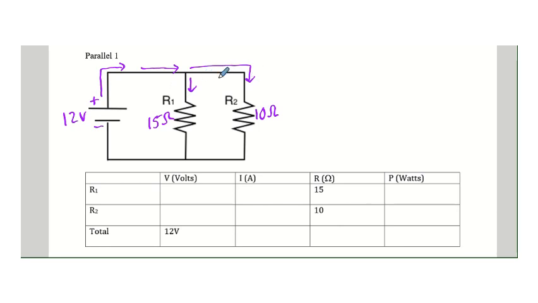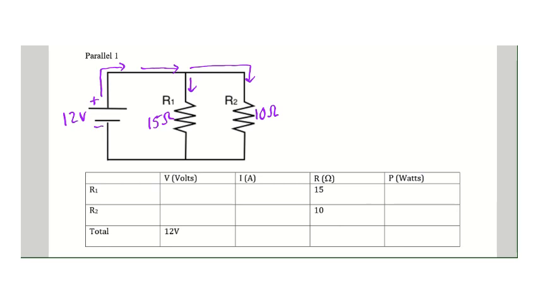And in fact, it will split. Because this is 15 ohms in R1 and 10 ohms in R2, I would expect more current to choose to go through R2 because it has less resistance and it should be easier to go through. And I would expect less current to pass through R1 because it has a greater resistance and so it is harder to go through.